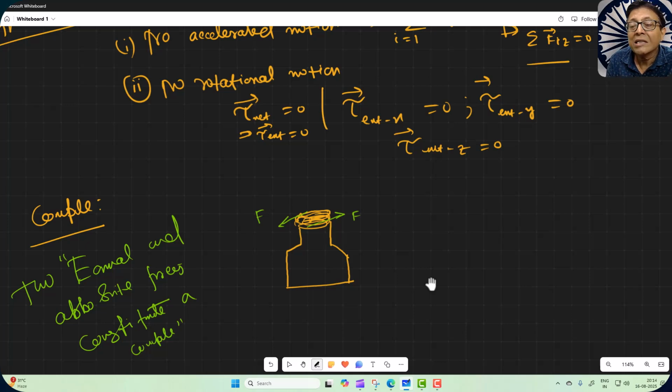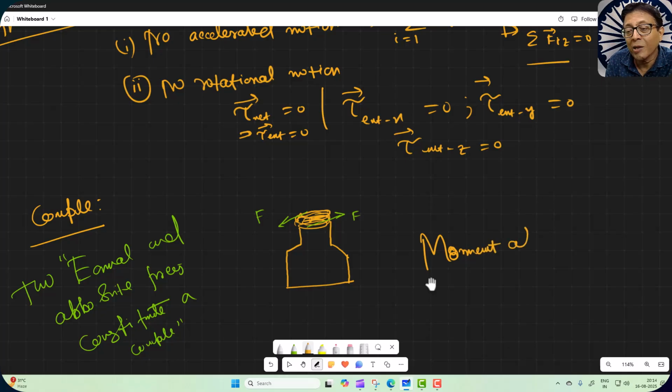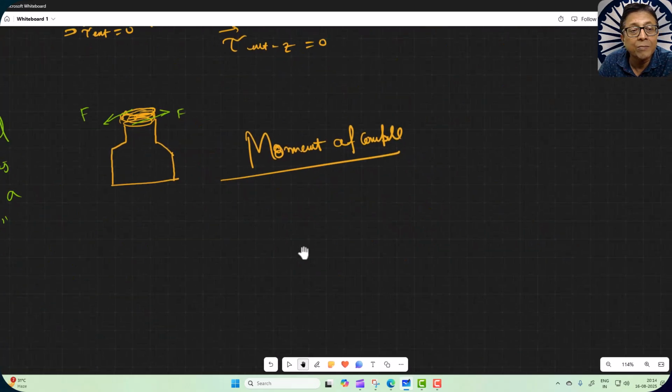Okay, this couple has some effect that is measured by moment of couple or torque. What is that? Moment of couple. We imagine that these two forces are acting in this manner.